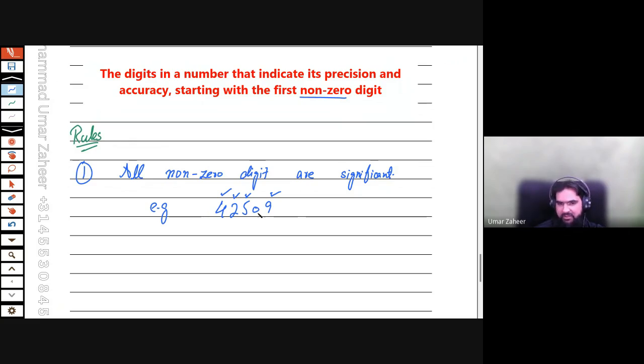The zero can be significant or not significant, but I'm not talking about it yet. According to the first rule, all non-zero digits are significant. If I remove the zero, we have four significant figures in this value.